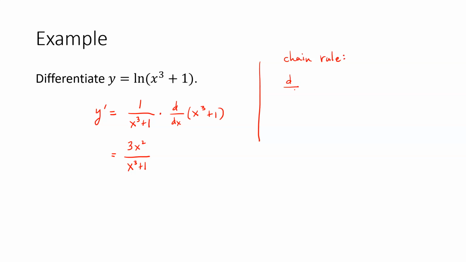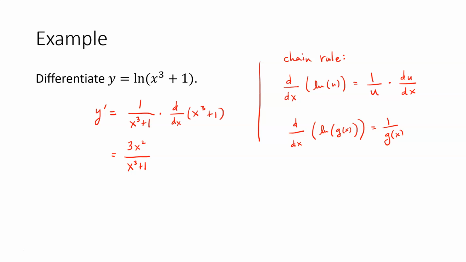Say, for instance, I want to take the derivative of ln of some function u. Well, of course, this would be 1 over u times the derivative of u. Or maybe it's more clear if I think of it this way, that if I've got the derivative of ln of some function g of x, this would be 1 over g of x times the derivative of g of x, which here I can just put in the numerator as g prime of x.